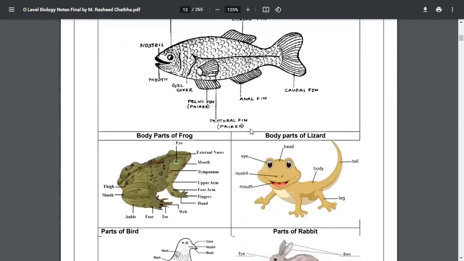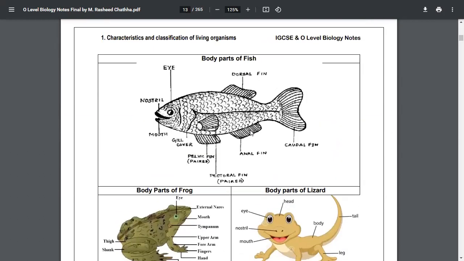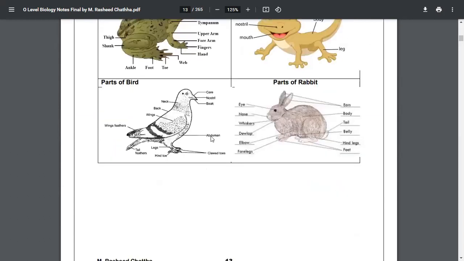Now we are talking about the five classes of the phylum Vertebrata, which are fish, amphibians, reptiles, aves, and mammals.